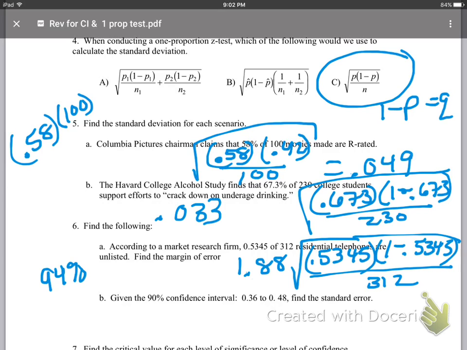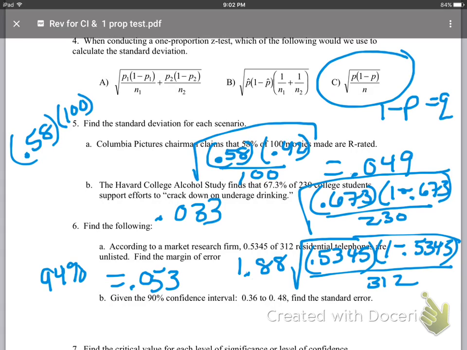And you take the square root of that number, and I get 0.028. So I'm going to multiply that by 1.88, because that's my critical value, and I get 0.0543.